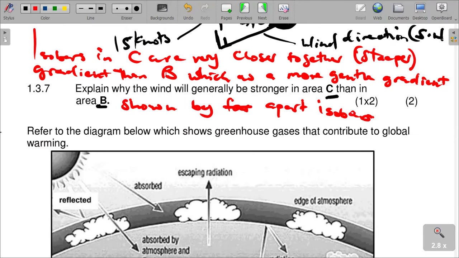The isobars are far apart in B, which represents a more gentle gradient, unlike in C, which is actually showing a steeper gradient than what is in B.